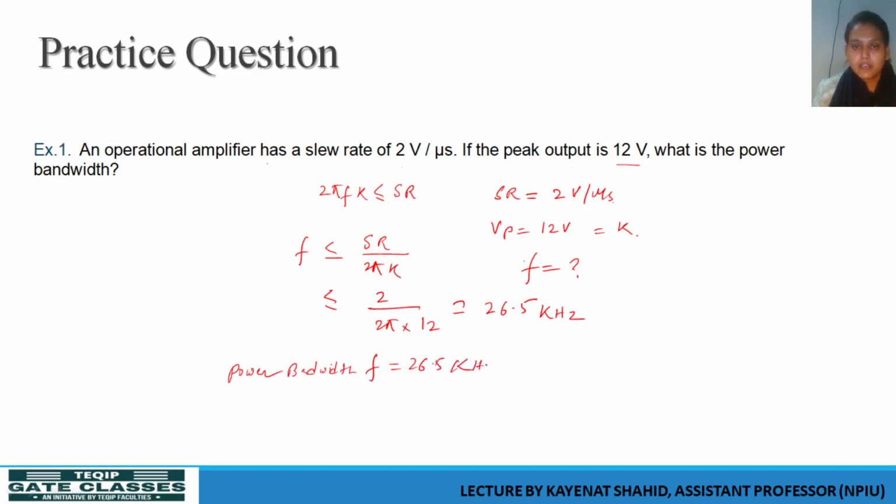You can calculate it. I think I have written the correct answer. So this is a very simple question, just formula based, nothing else. As I said, this is an important thing to know, so you have to remember this.